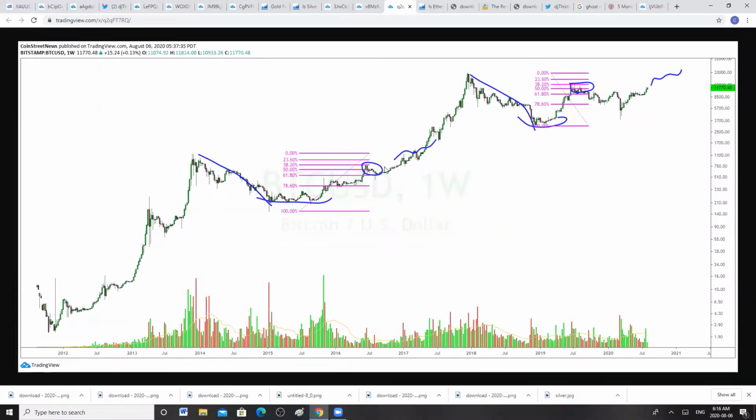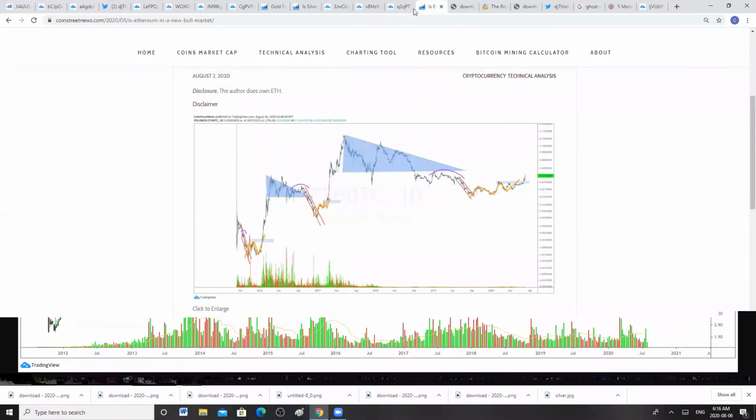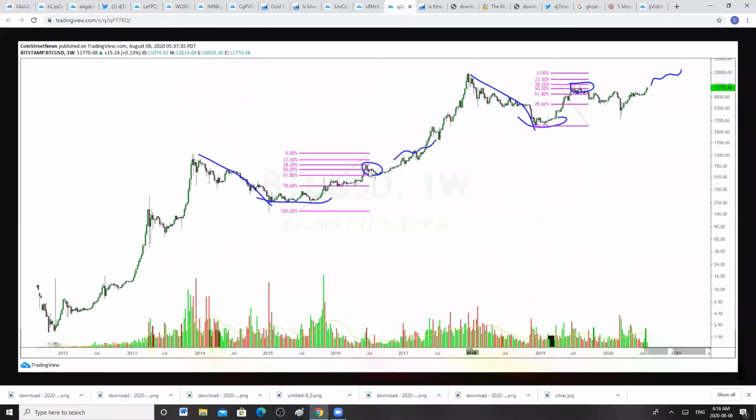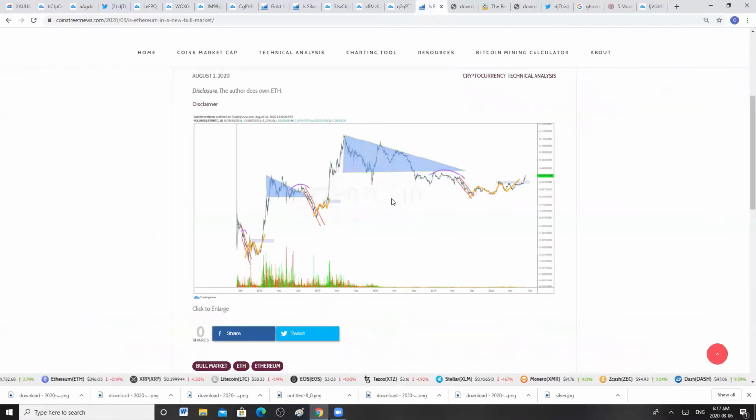So what your question about Ethereum is posing is, is the bear market completely over with Bitcoin? And if it is, then we're going to start to see some altcoins overperform. And if Bitcoin follows gold, and silver follows, and we see Bitcoin start making new all-time highs, altcoins are definitely going to follow.